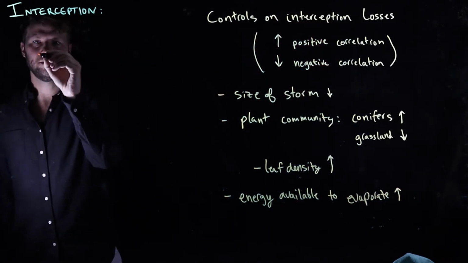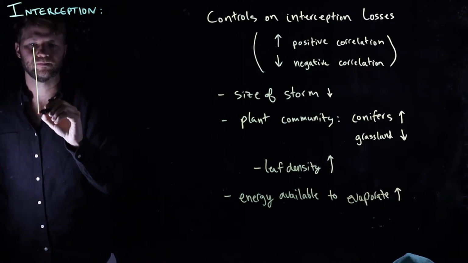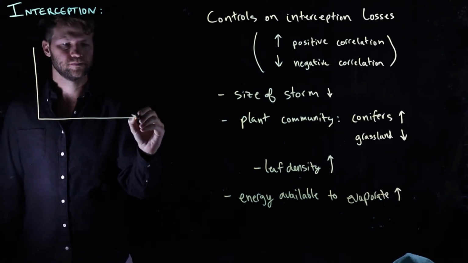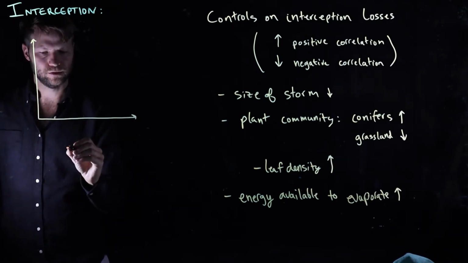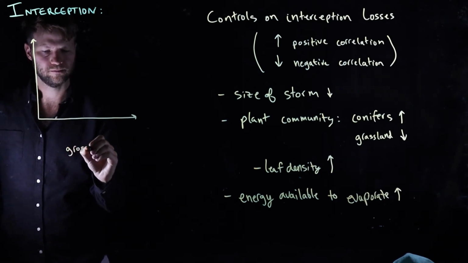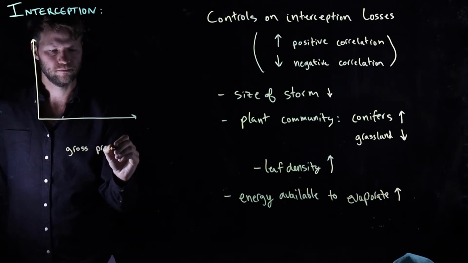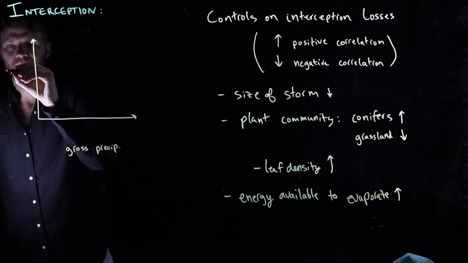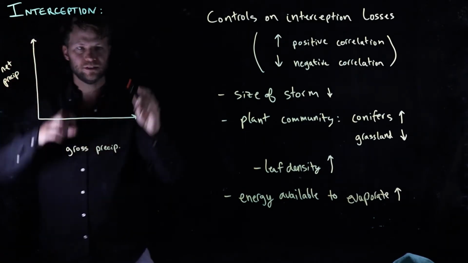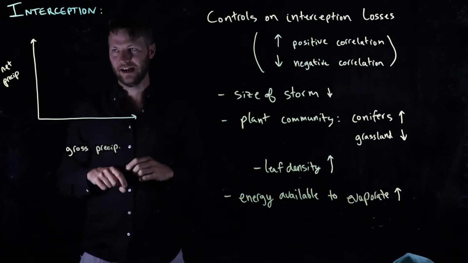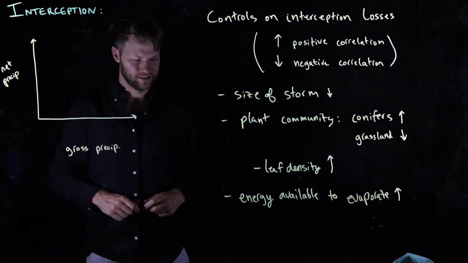Let's consider making a plot. And the axes of this plot are going to be gross precipitation and net precip. So remember, gross is the total that falls from the sky. Net is the amount that actually ends up hitting the ground.